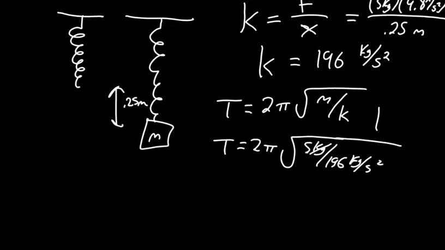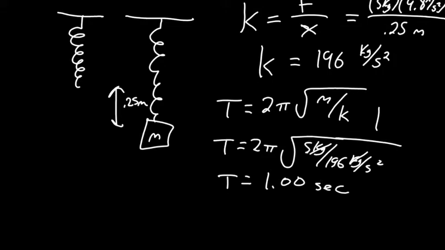Our kilograms will cancel. Leaves us with 1 over seconds squared under the square root there, or just seconds squared. So 2 pi times square root of 5 over 196, we get a period of 1.00 seconds.